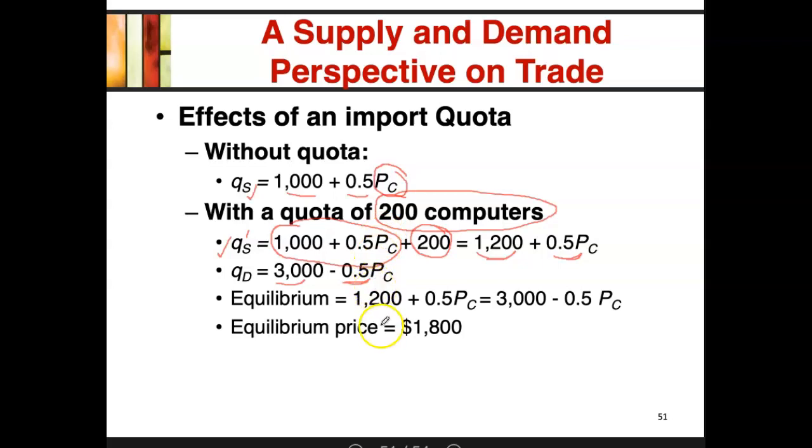Again, we can find a new equilibrium. It's going to be 1,200 plus 0.5 PC, which is quantity supplied, equal to quantity demanded, which is 3,000 minus 0.5 PC, and from there we can get the equilibrium price, which is $1,800.